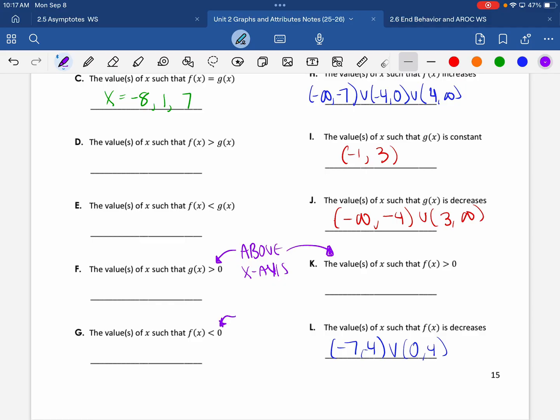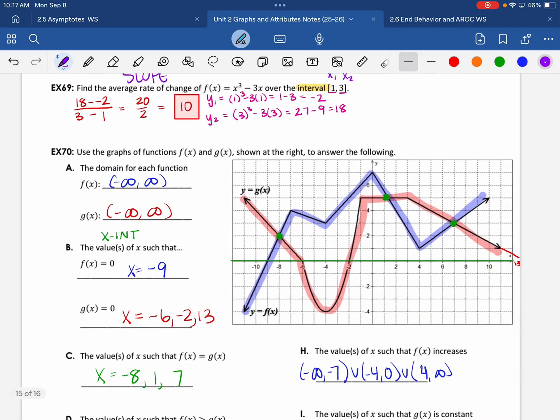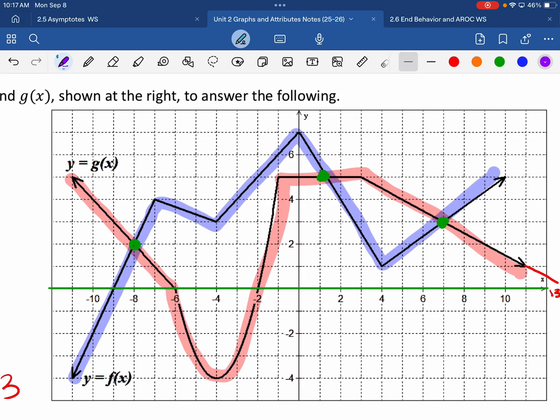Problem G says f of x is less than 0, this one is below the x-axis. Okay, so I'm going to move this over here so we can look at the graph, and then I'll write the intervals.